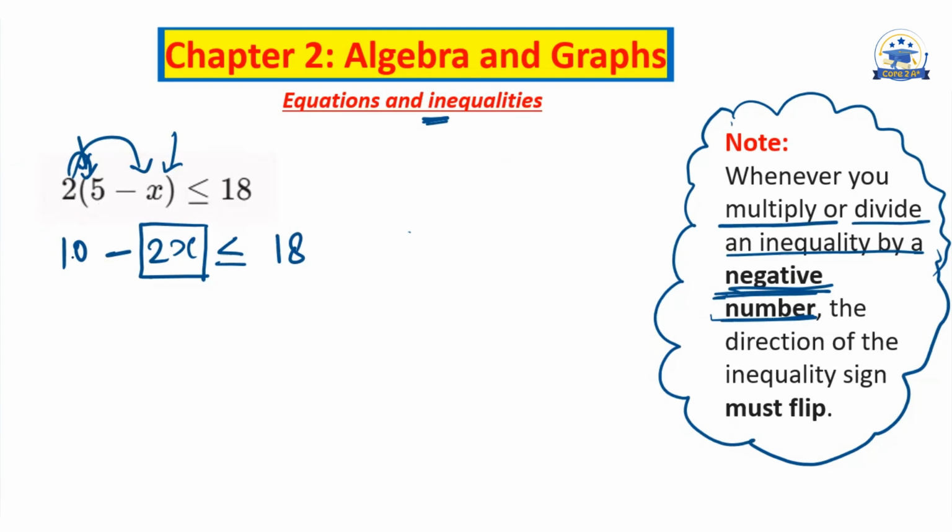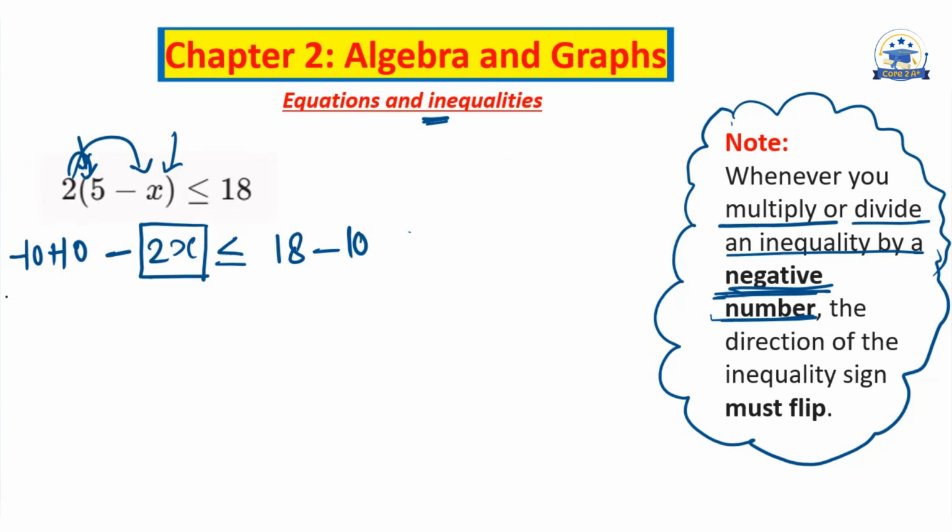There is a plus sign. Now, how can we remove this plus sign? Think about it. By subtracting 10 from both sides. Am I right so far? Yes, I am.